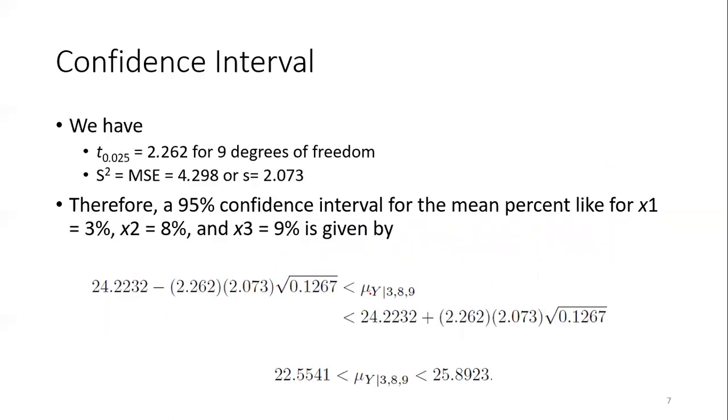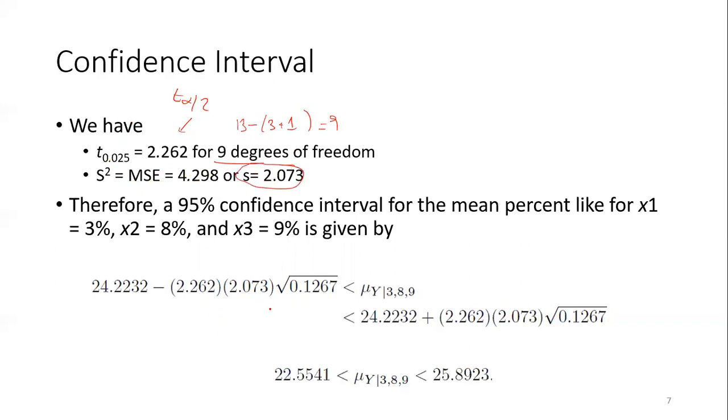So then the corresponding thing is, so first find t sub 0.025, so this is t sub alpha over 2, right? For 9 degrees of freedom, why? Because I have 13 many observations minus what? Minus k, which is 3, plus 1, okay? So this is 9. And okay, and S squared, remember S squared was 2.073 for this model, okay?